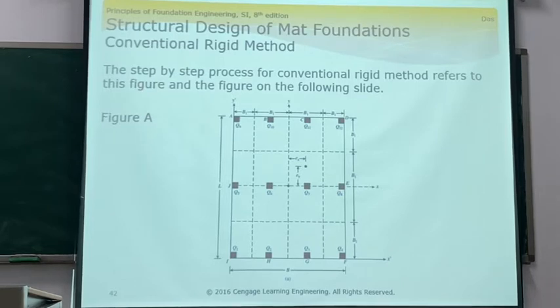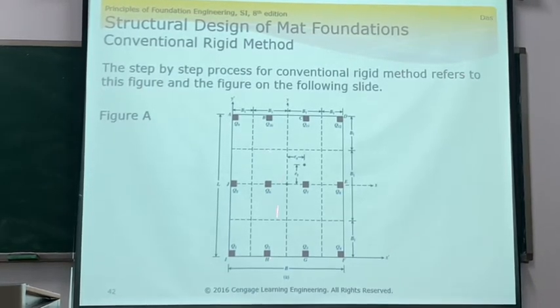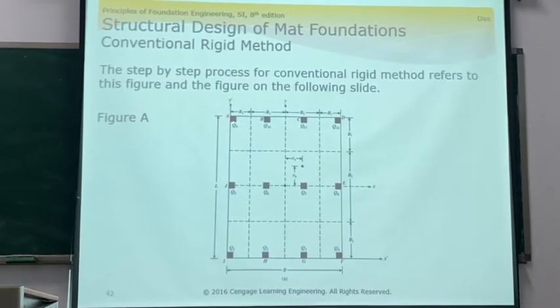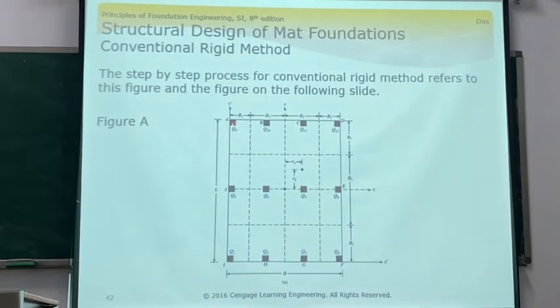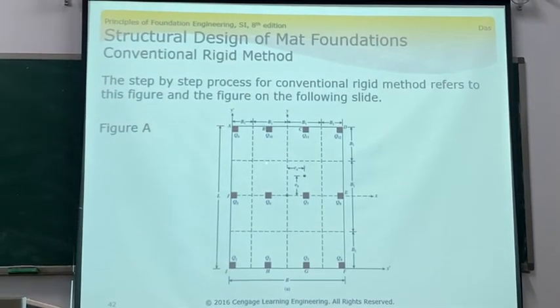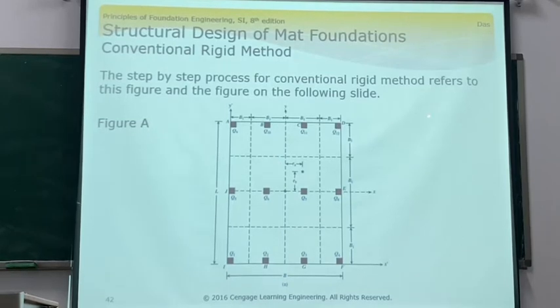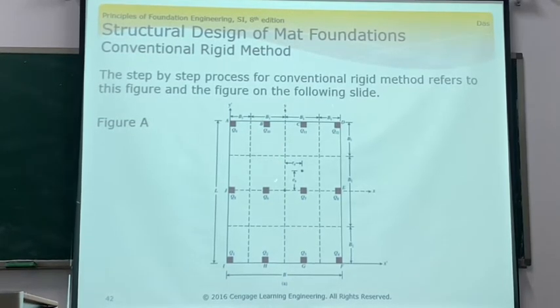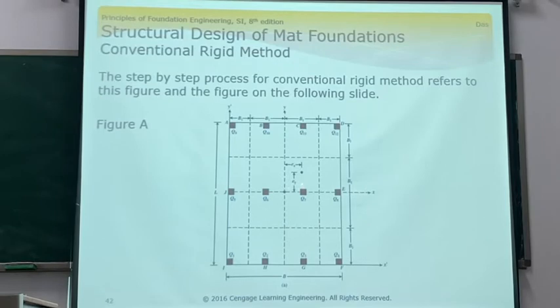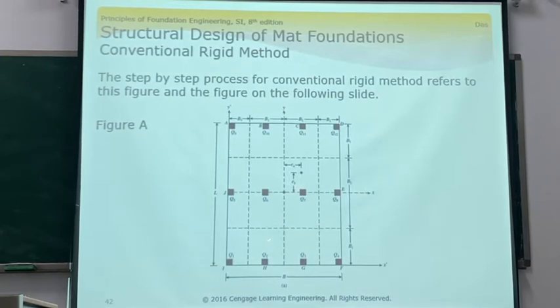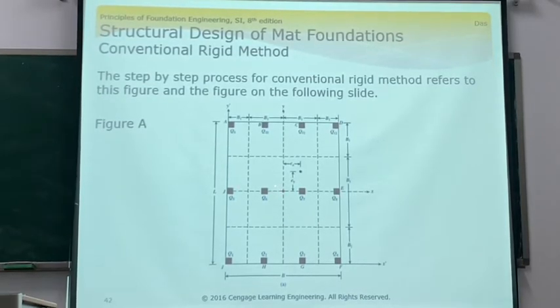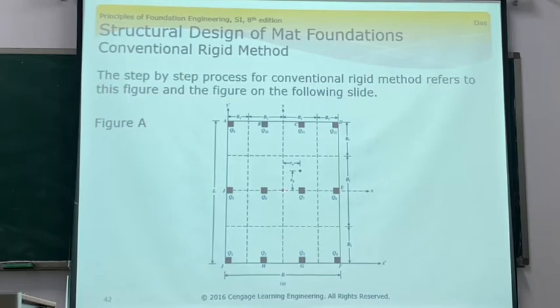The step-by-step process for the conventional rigid method refers to the figure. This is the mat foundation. This square one is the column. From the figure A we can see this is the center of the mat foundation.